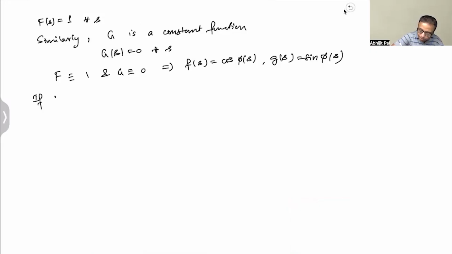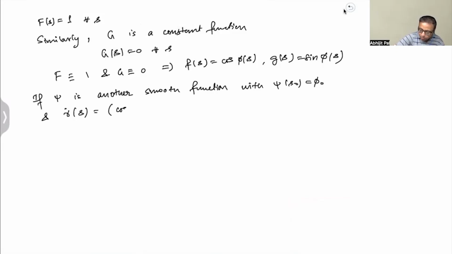So if psi is another smooth function with psi of s naught equal to phi naught, and gamma dot s is equal to cos psi s, sin psi s.